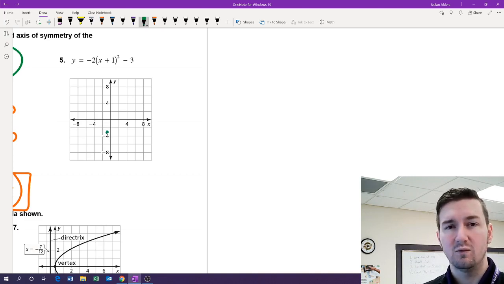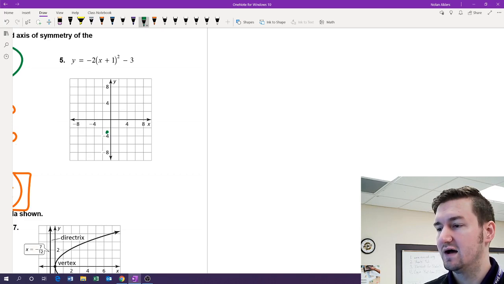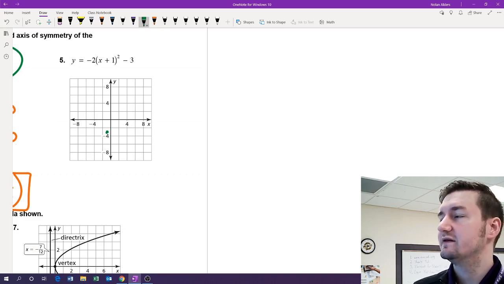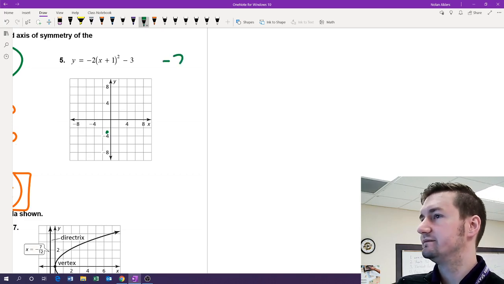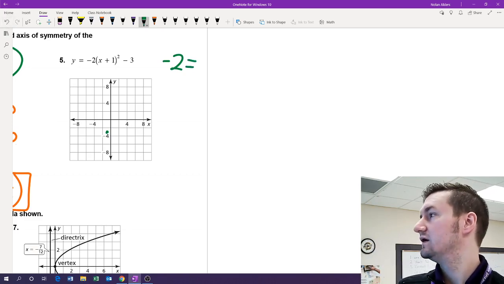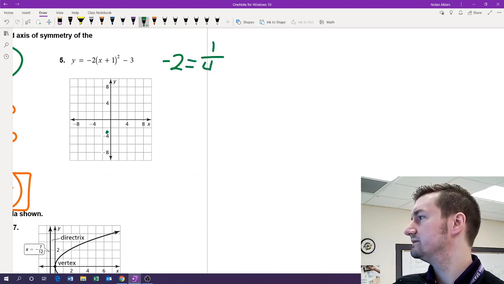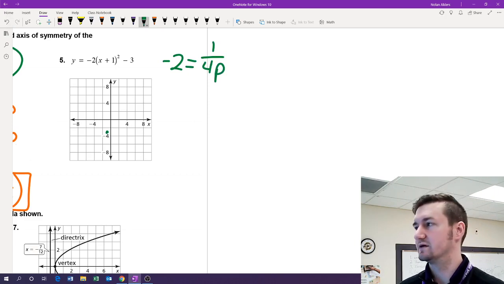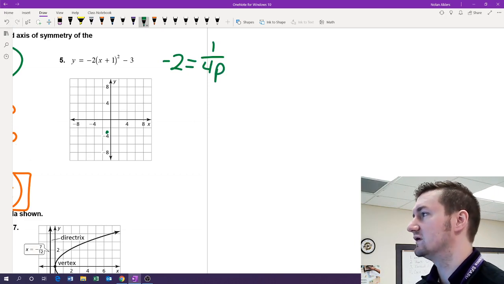Now let's try to figure out where the focus is. So we could take that -2 out front and set it equal to 1/4p. All right, and then we're going to solve for p. So again, we could invert both sides.